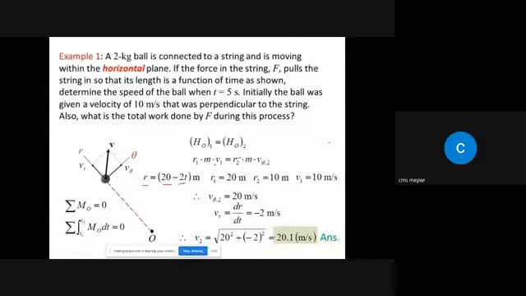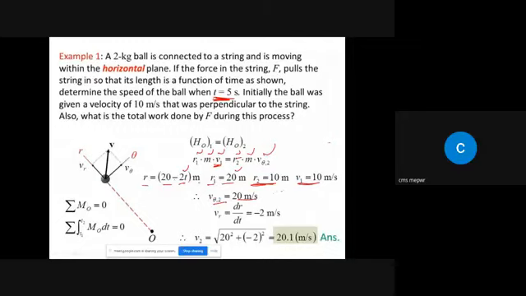So r1, at t equal to 0, will be 20 meters, and at t equal to 5 seconds, r2 will be 10 meters. And remember, v1 was 10 meters per second. With these values, we can find v theta 2, which is 20 meters per second.